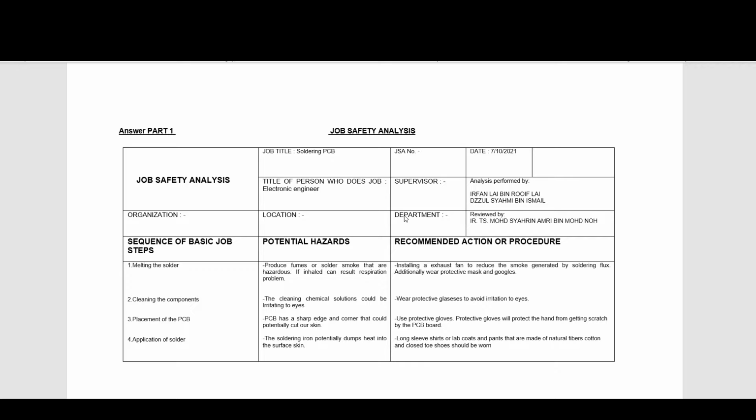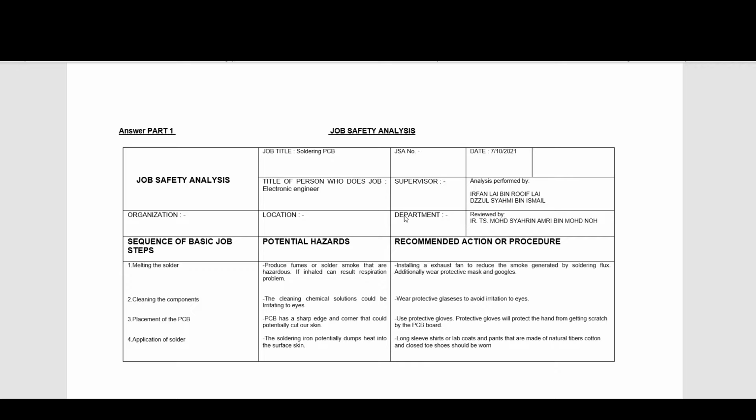The first activity in the sequence is melting the solder. Melting the solder potentially produces fumes and smoke, and the worker may inhale it and potentially develop respiratory problems. We prevent this by installing an exhaust fan and wearing a protective mask.